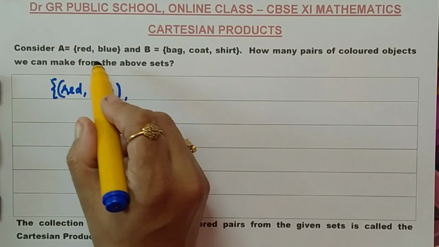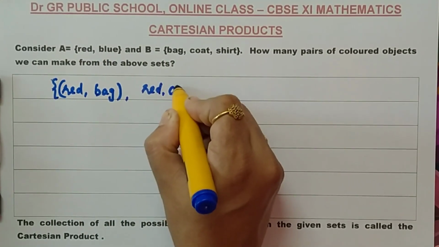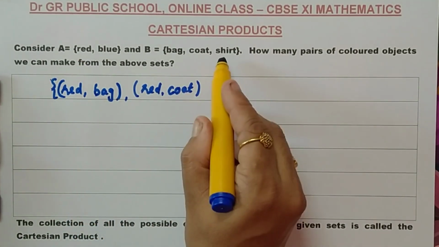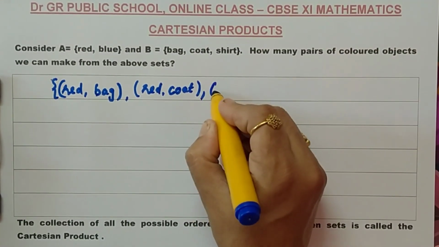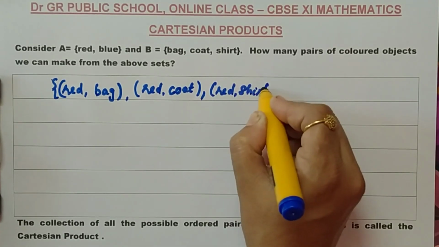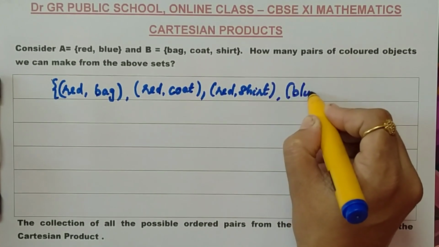Then the second pair is red coat. That is taking the first element from the set A and making a pair with the second element from the set B. Then the third one is red shirt. Then the next one is blue bag.